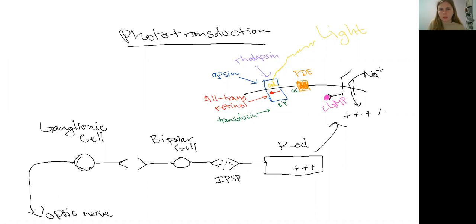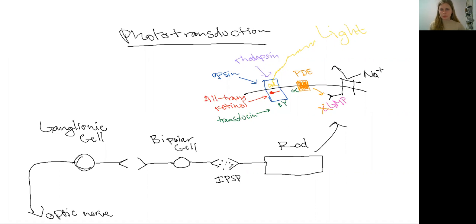And then phosphodiesterase is going to come over to the cyclic GMP and cleave the C off of GMP, which makes it so it can no longer bind onto the sodium gated channel. So now sodium cannot get in because this gate is now closed. So now sodium's like, what? Can't get in.